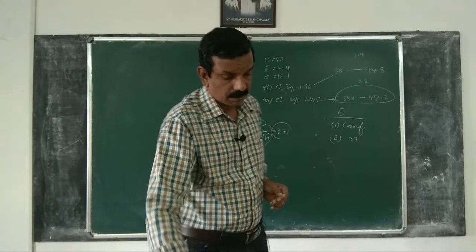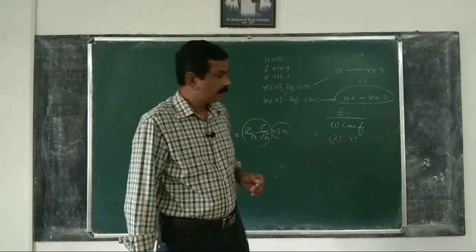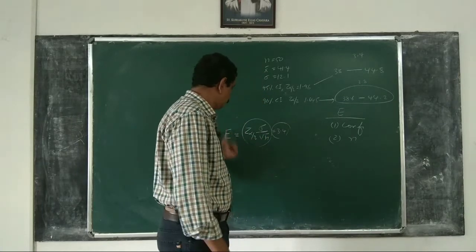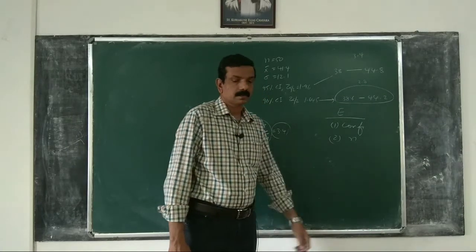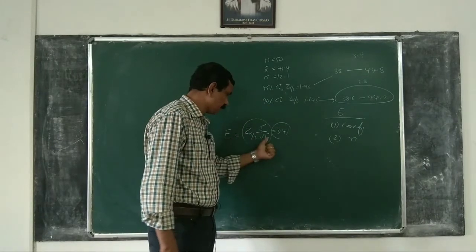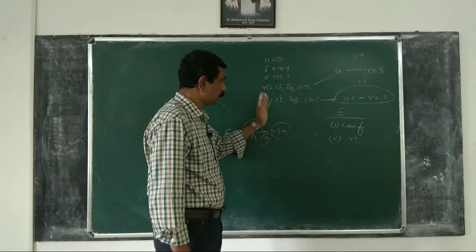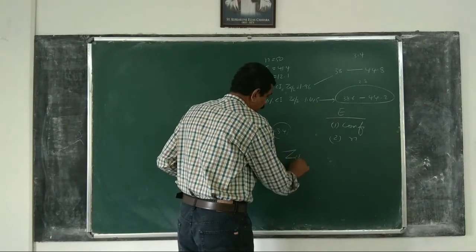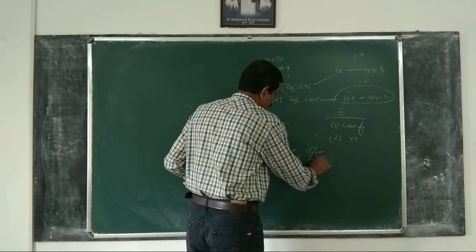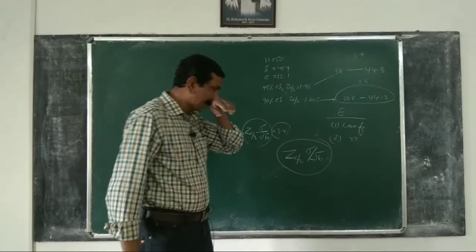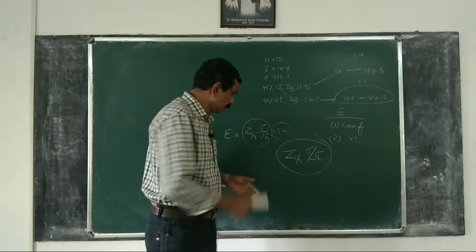And what about the sample size? It is clear that as sample size increases, E decreases. No need for an example here. So remember this: margin of error is Z alpha by 2 into sigma by root n.